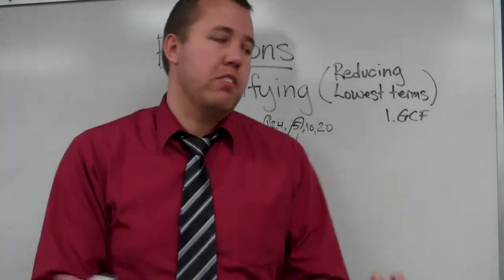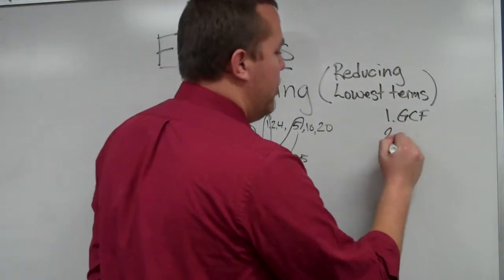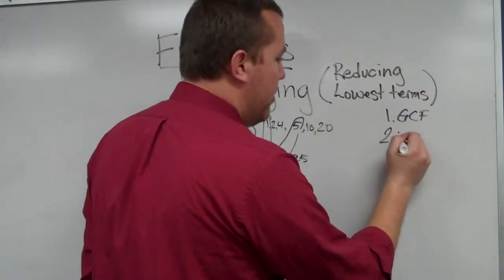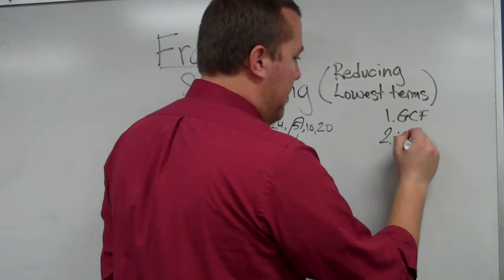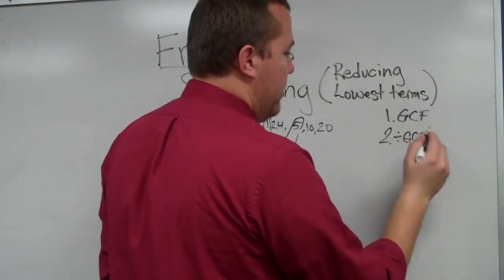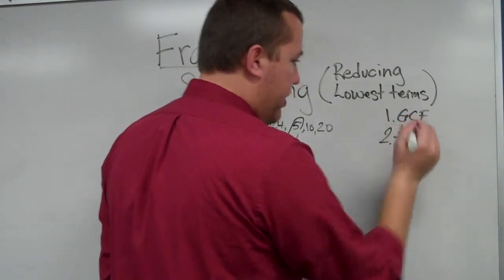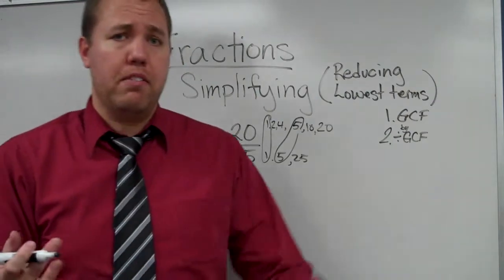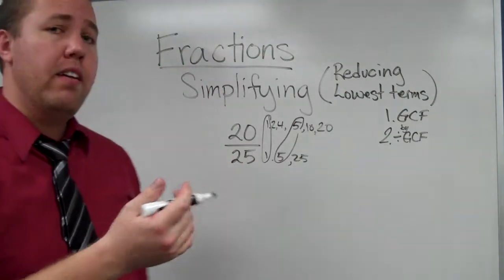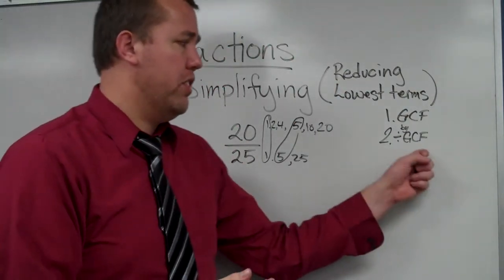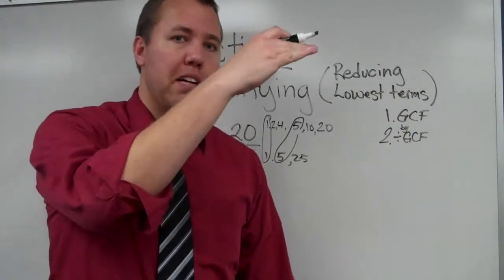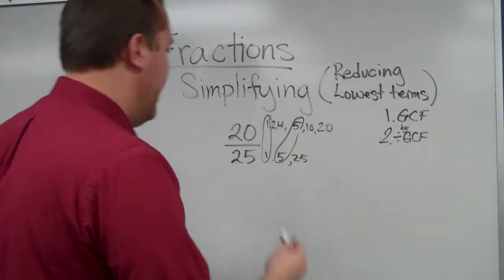So now I have the greatest common factor. Then step 2 when simplifying fractions is divide by the GCF, the greatest common factor. When we divide fractions by the GCF, that means we divide the top and the bottom, the numerator and the denominator.